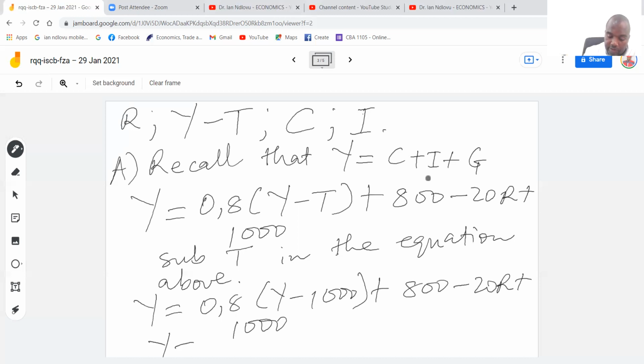Our Y is equal to, when we clear the brackets, 0.8Y minus 800 plus 800 minus 20R plus 1000.